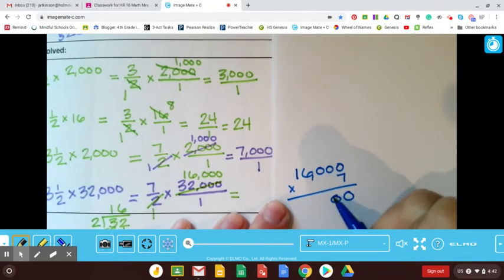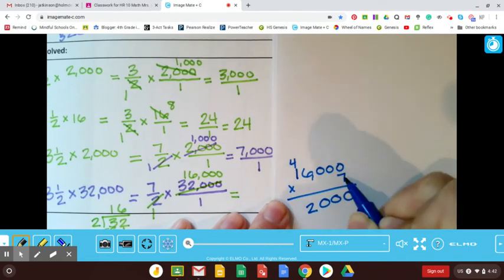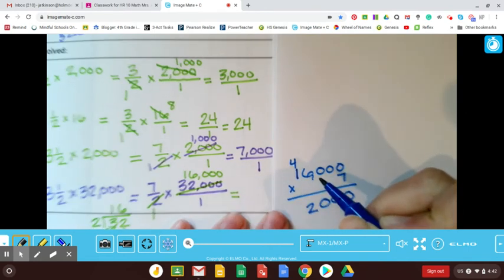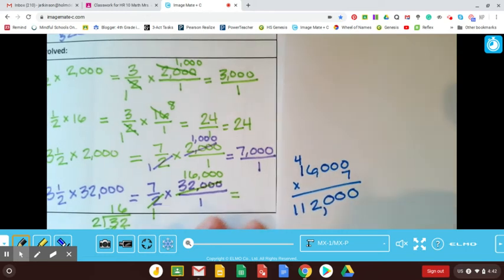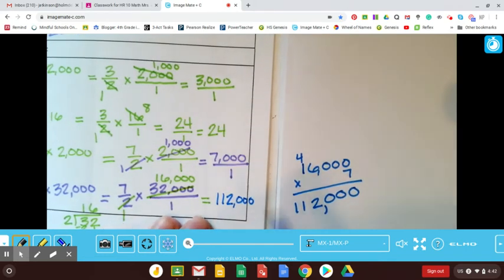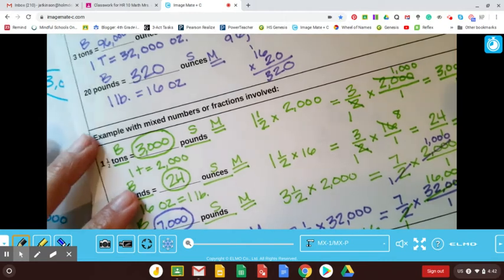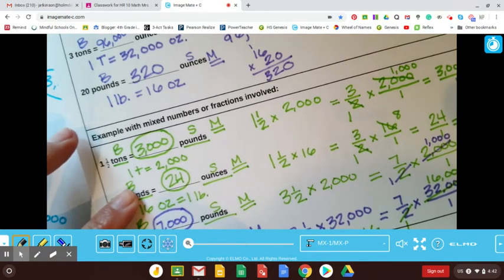So 0, 0, 0. 7 times 6 is 42. 7 times 1 is 7, 8, 9, 10, 11. And I get 112,000 over 1 times 1 is 1. I forget about that 1, and the answer is 112,000 ounces. And there you have it.